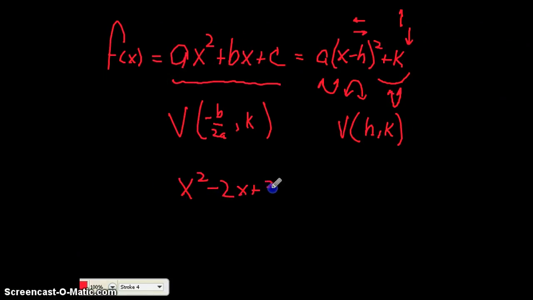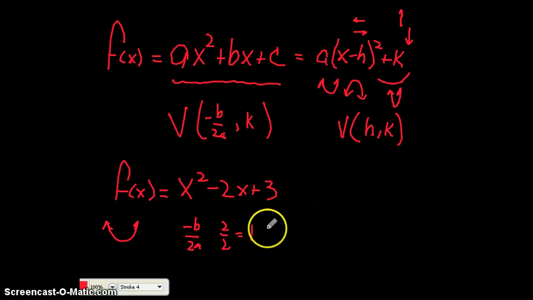Let's say I had a function here and I want to find the vertex. We already know it opens up. Negative b over 2a is going to be 2 over 2, which is 1. If I plug a 1 in for x, that would be 1 minus 2, which is negative 1, plus 3 is 2. So the vertex is 1 comma 2.